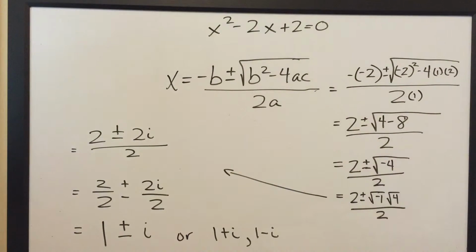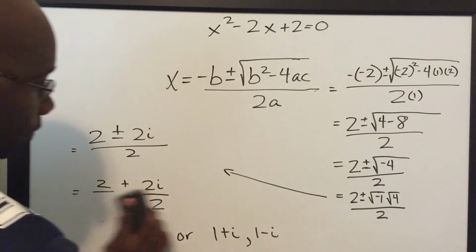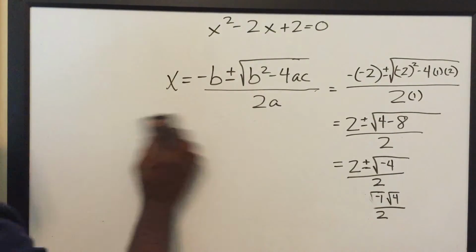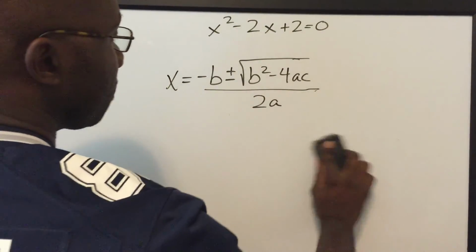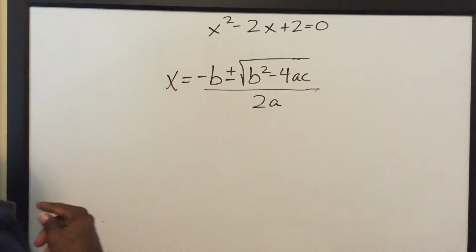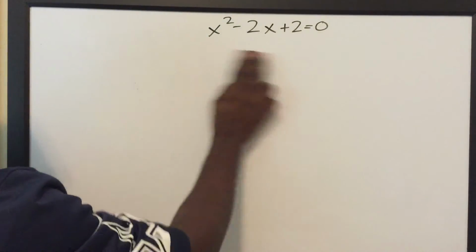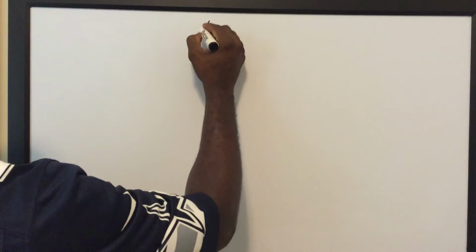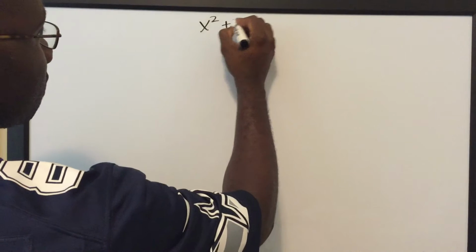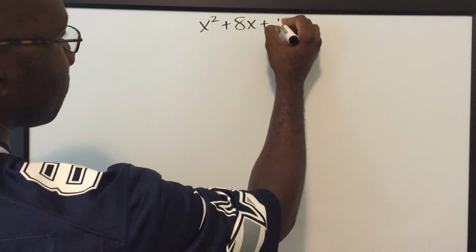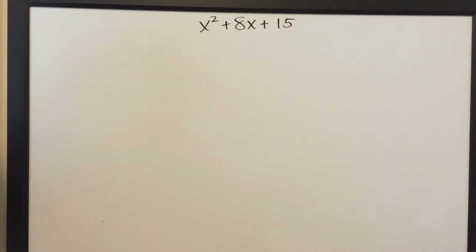All right, so now let's do another one. I'm going to keep my formula up there and write the problem over here so that we can use more of the whiteboard. The problem is x squared plus 8x plus 15.